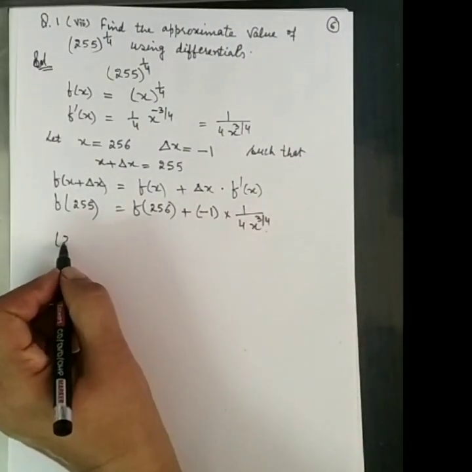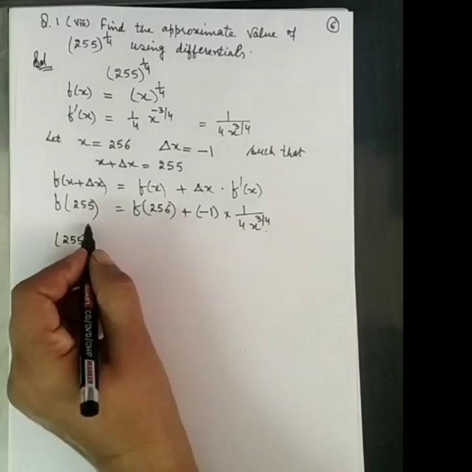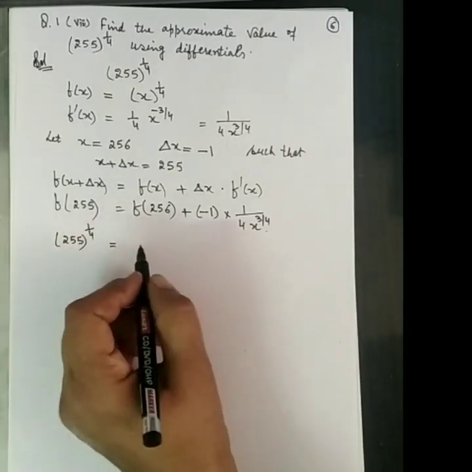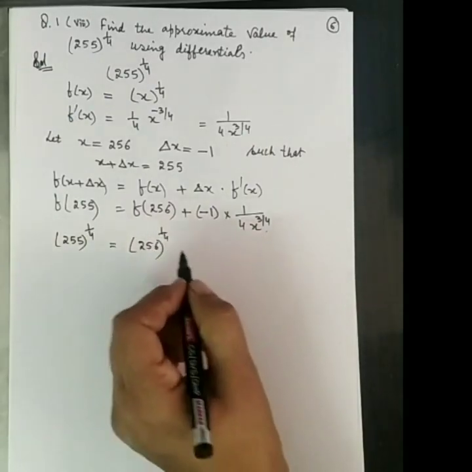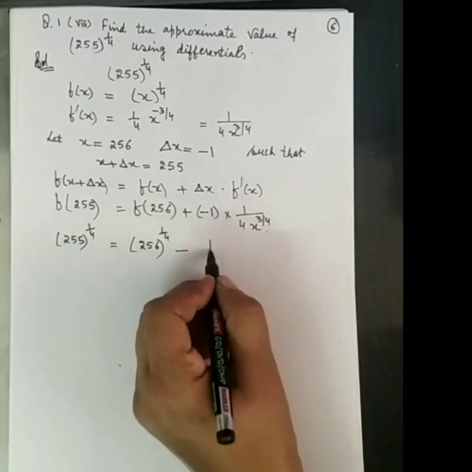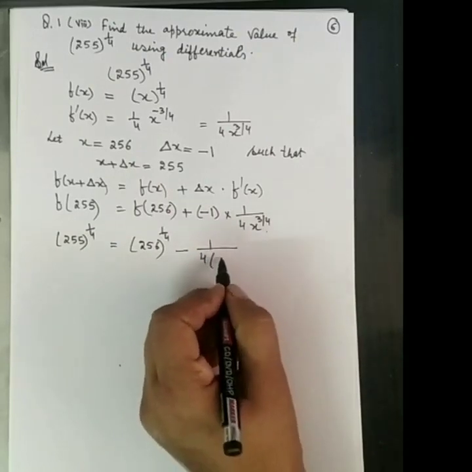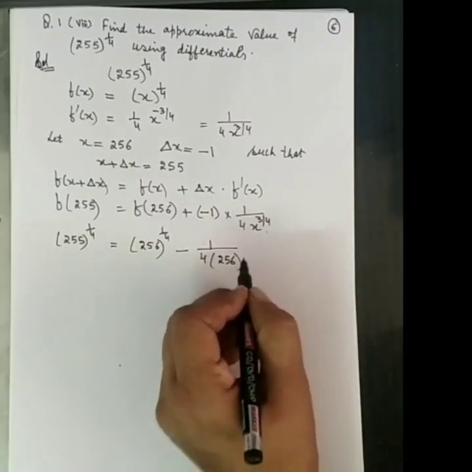It is 255 to the power 1 by 4. It is 256 raised to power 1 by 4 minus 1 upon 4 into 256 raised to power 3 by 4.